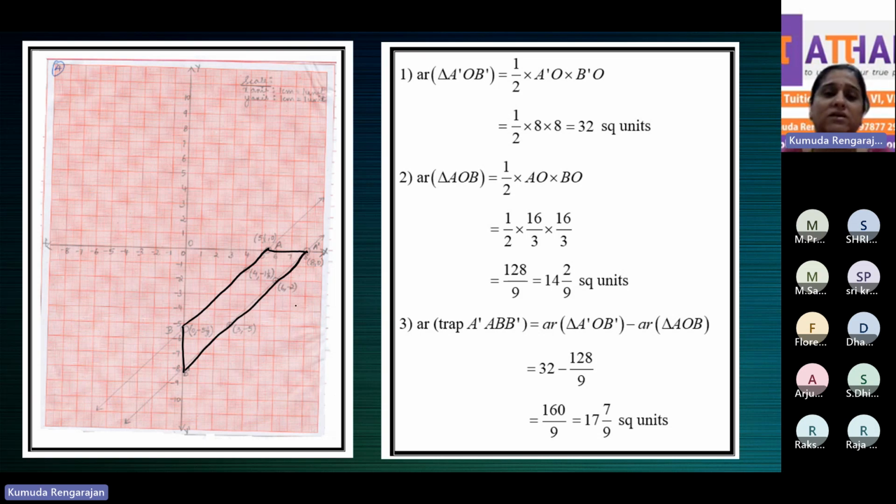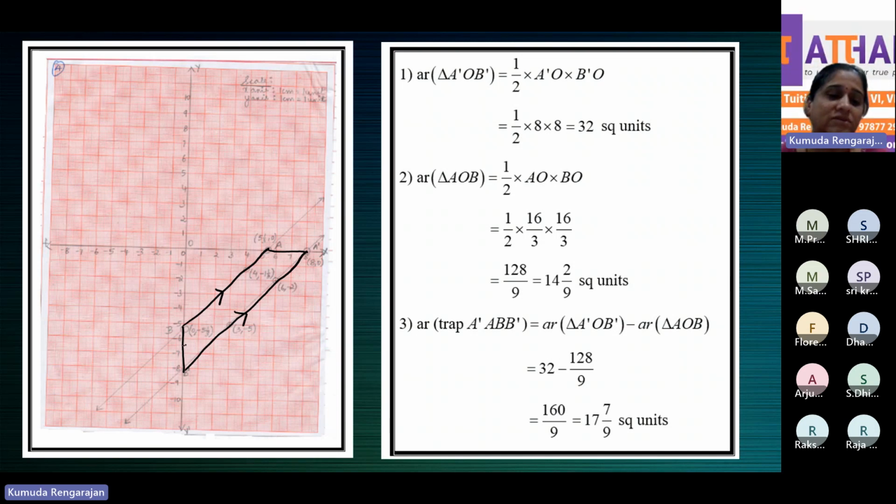If you check A1 by A2, B1 by B2, C1 by C2, you will see that A1 by A2 is equal to B1 by B2, but it's not equal to C1 by C2. So clearly the lines are parallel. So these are the parallel sides of the trapezium.